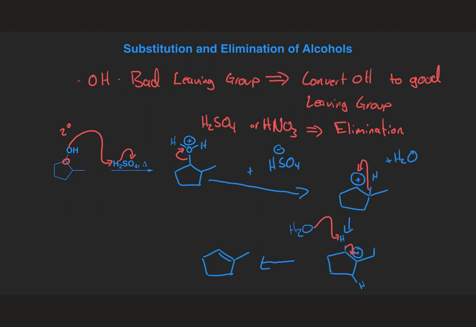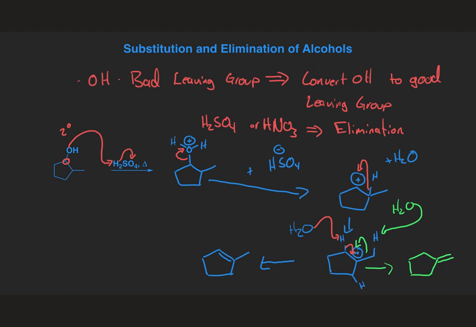But this carbon also has some hydrogens, and a water could come in and deprotonate that to give this product. So you likely get a mixture of these two alkenes in this reaction.